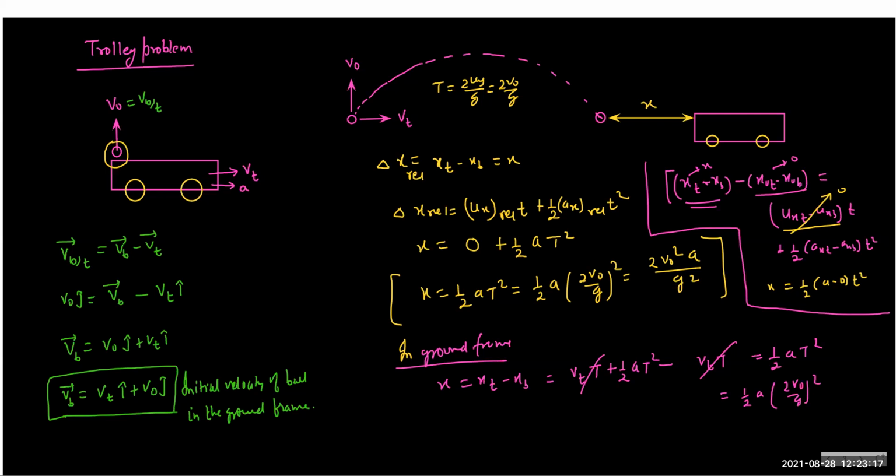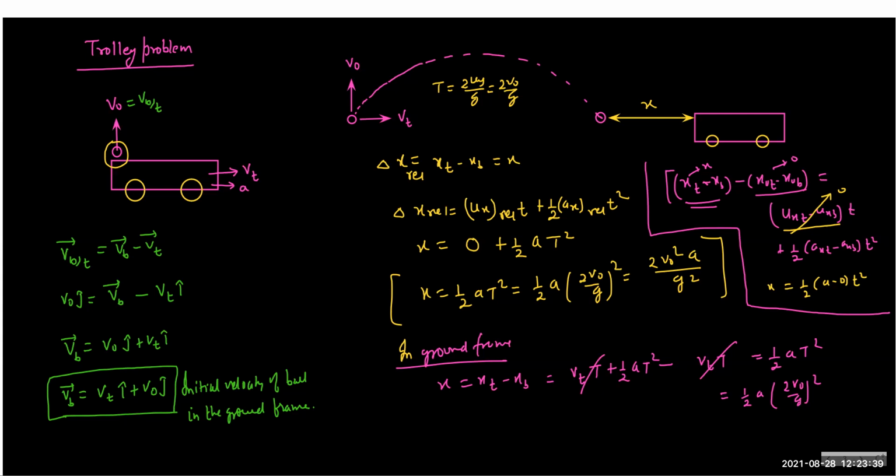So in a similar fashion, if I say the trolley is retarding, what happens? Then the ball will be ahead of the trolley, because the velocity of the trolley will always be less than vt, but the ball will always remain at vt. So the trolley will travel less than what the ball will travel.